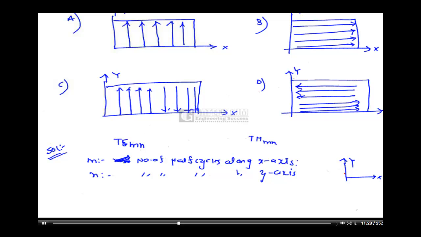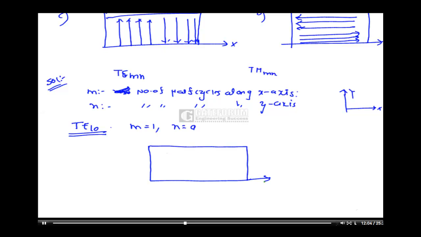So here I am giving a simple way how we can remember easily front view is like this. Suppose I am starting with TE10. So here M is equal to 1, N is equal to 0. So number of half cycles along x-axis is 1, number of half cycles along y-axis is 0. So the representation is like this.